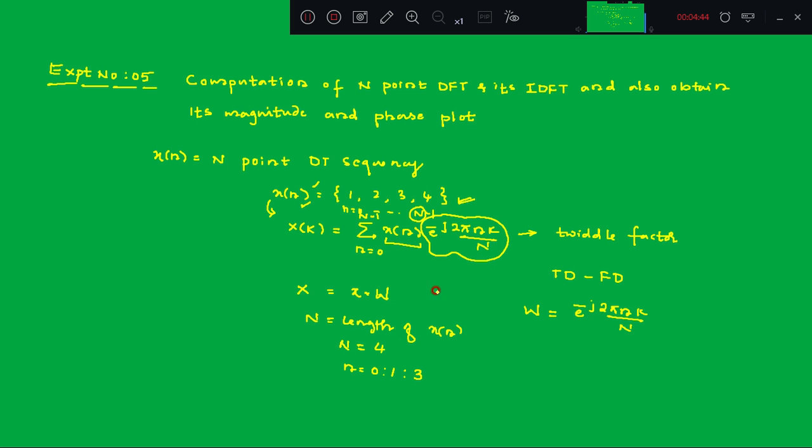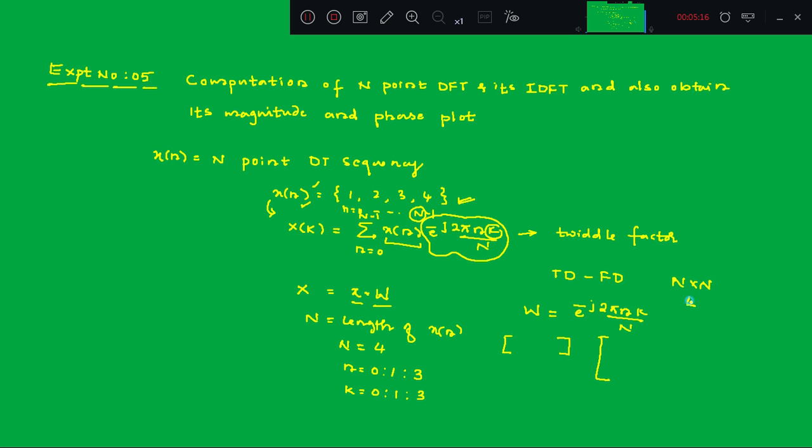Similarly, this k is another index that also varies from 0 up to N minus 1, that is 3, right? And if you want to multiply the input sequence with this Twiddle factor matrix, please remember this Twiddle factor matrix W is an N cross N square matrix.